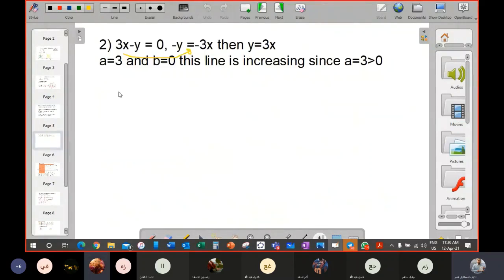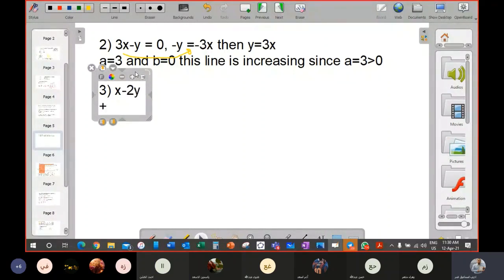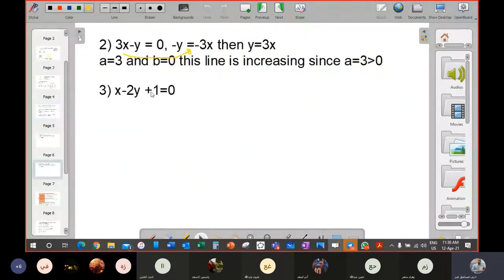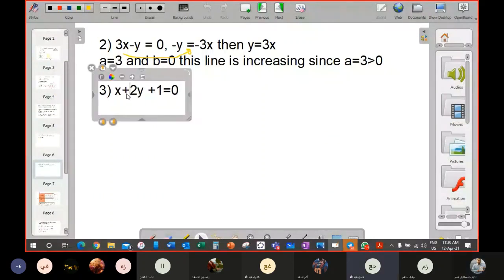Can I solve this? Correct me if I am writing the equation correctly. x plus 2y minus 1 equals 0. Yes, it's minus 1.